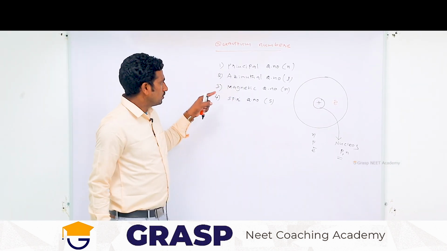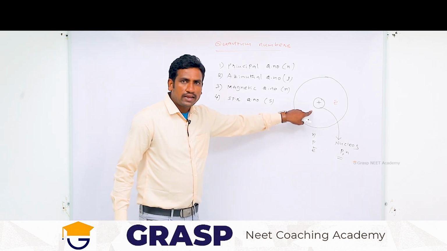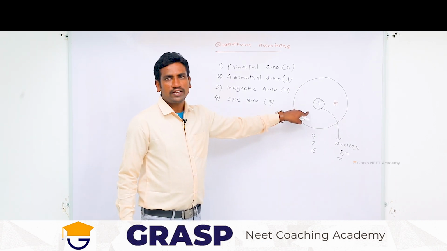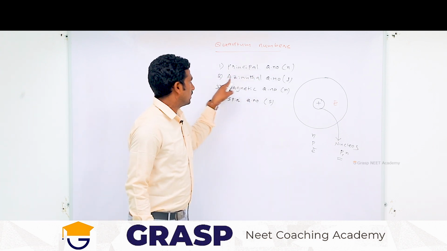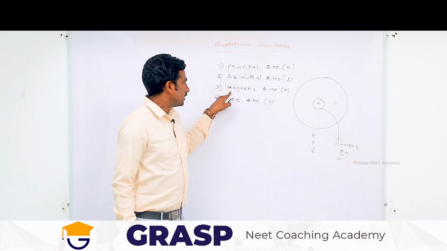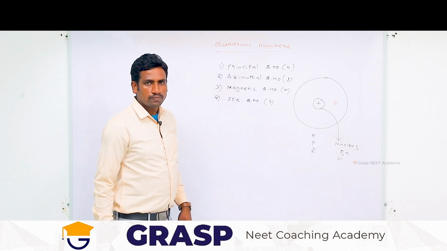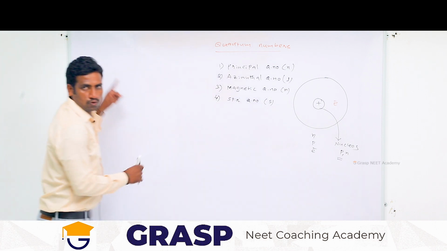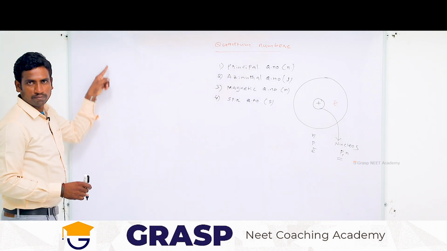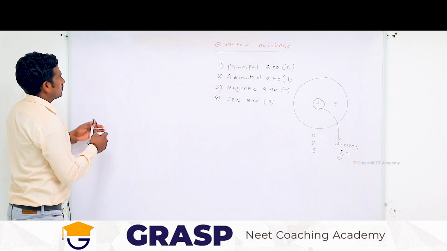Once again I am repeating, to identify where the electron is located in the atom, you need these 4 quantum numbers: principal, azimuthal, magnetic and spin quantum number. First I will take the principal quantum number. What is this principal quantum number?